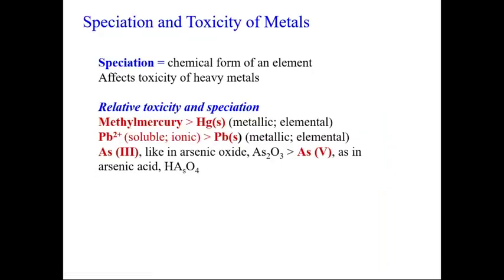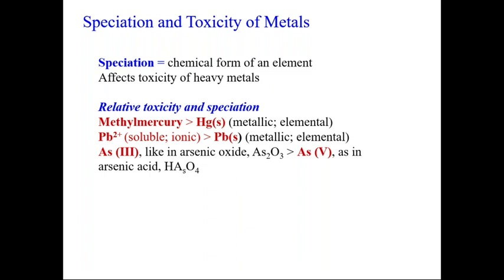And if you look at the toxicity of some of these metals that we have looked at, it is the speciation of the toxic metals which causes their toxicity. So we have seen in mercury, rather than mercury, it is methyl mercury which is more toxic than the elemental mercury or the inorganic mercury.